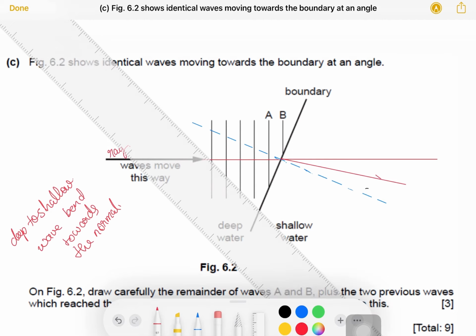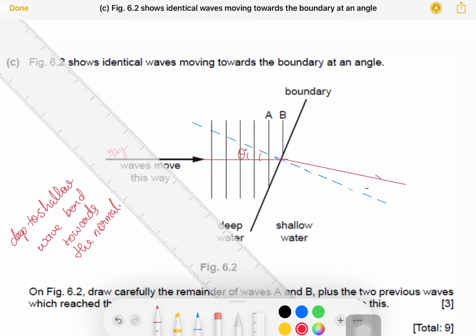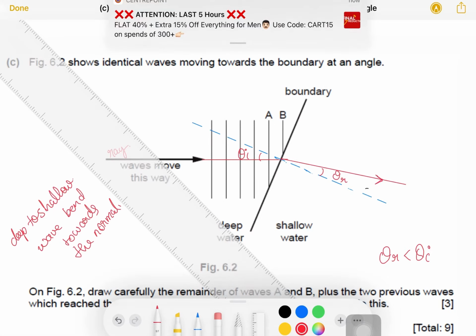This is the angle of incidence, the angle between the ray and the normal, and this is the angle of refraction, the angle between the normal and the refracted ray. The condition is that theta r should be less than theta i, as it is traveling from deep to shallow. So you finish drawing the ray. Don't forget to put the arrow mark.